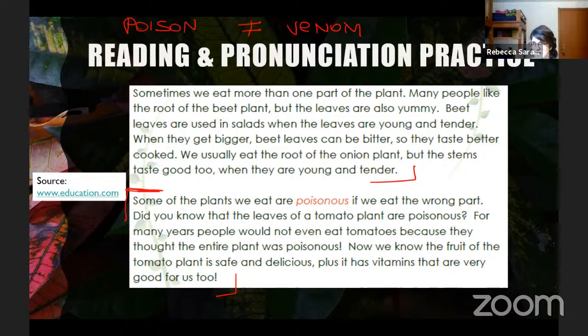Venom is also a similar substance that might be bad for you, but it's not something that you eat. For example, when a snake bites you and leaves this substance in your body, that's venom. So that's different from poison, because poison is something you eat, whereas venom comes from a snake, for example. Did you get what I meant? Yeah. Okay, awesome.